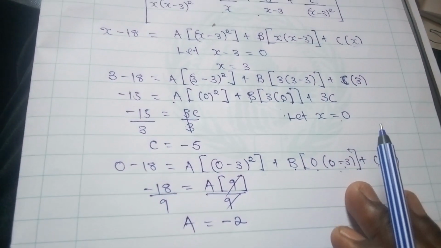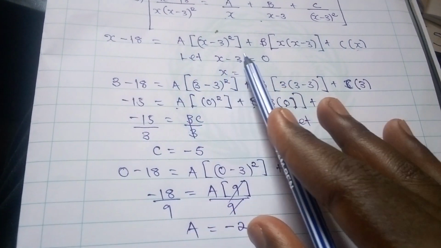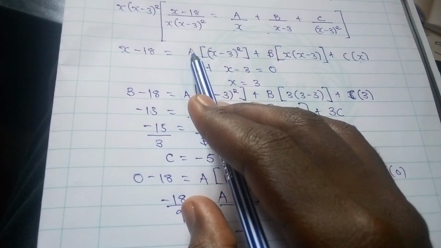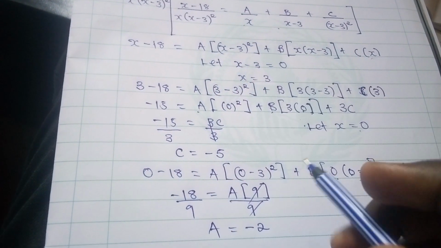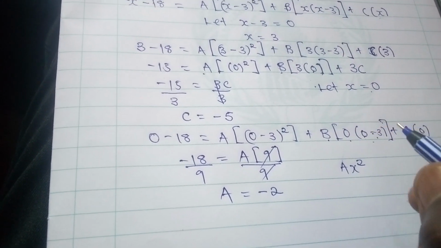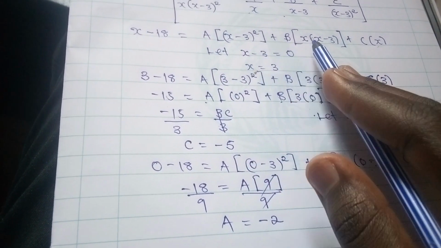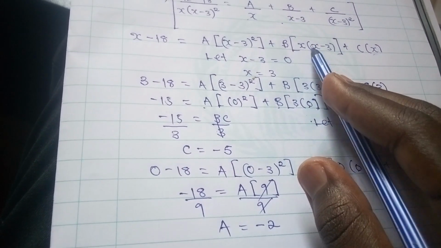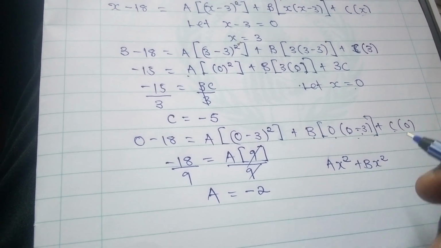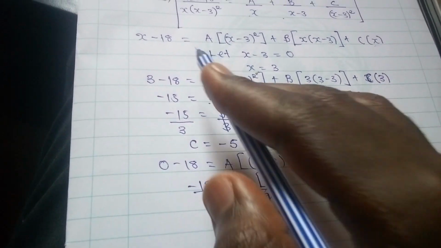From there, to find the value of B, you're going to simplify this part. When you simplify, that is A times x square, Ax square, and then x times x, that is plus Bx square, which should be equated to what is there.